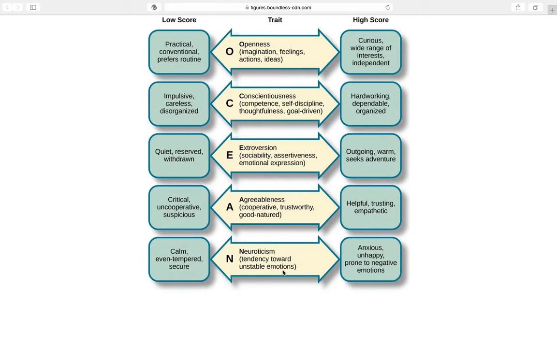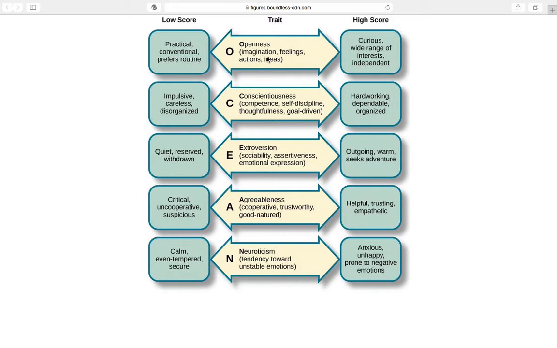When we look at people who have a tendency towards unstable emotions, we want the low scores of calm and even-tempered, whereas high scores are prone to negative emotions, prone to what we call drama. So again, analyze the research, the strengths and weaknesses, and look at the different assessments that are used to assess personality.